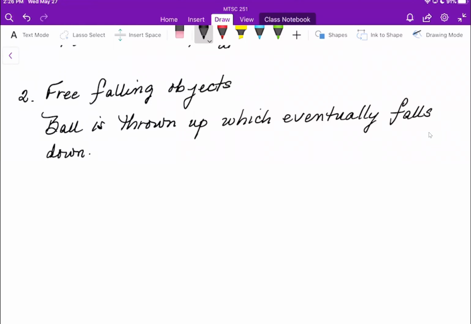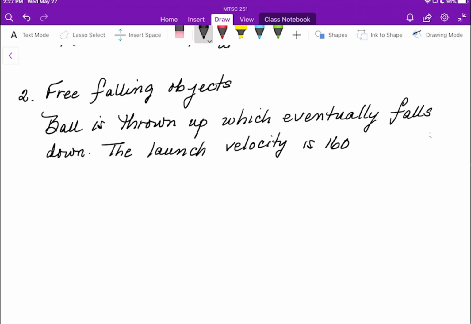The launch velocity is 160 feet per second.